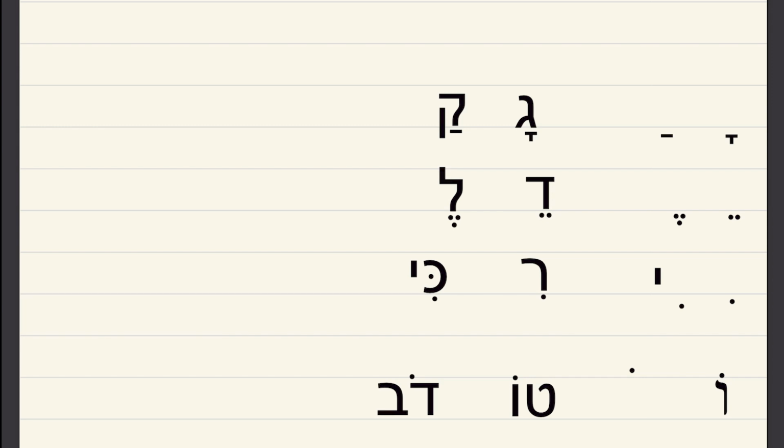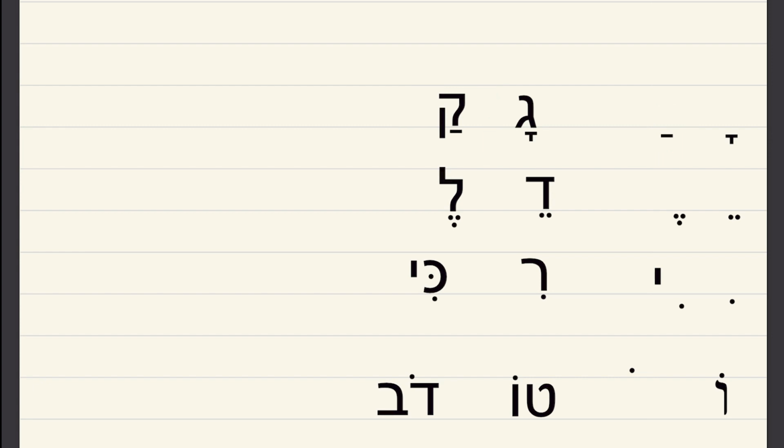So as far as you're concerned and I'm concerned, it doesn't really matter if you use this one or this one, as long as you recognize that both of them mean ah. So for example, here I combine the letter gimel with this one, so it will create ga. And here I combine the letter kuf with this one, which will create the sound ka.